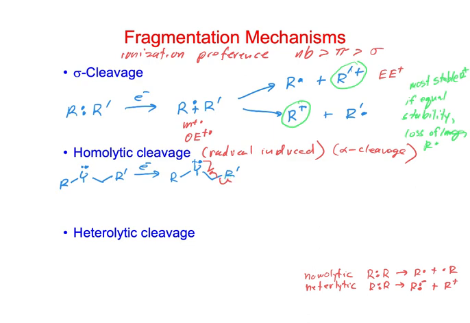And what we get out of that is that we have this R to Y. We're going to have a double bond over here now. Still has a plus charge on it. And we're going to lose this R prime radical.